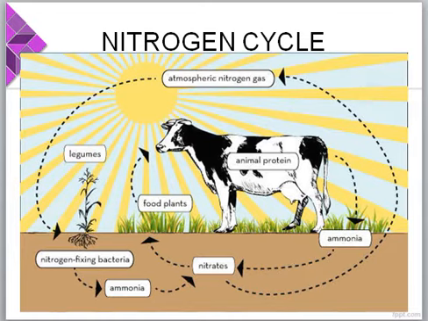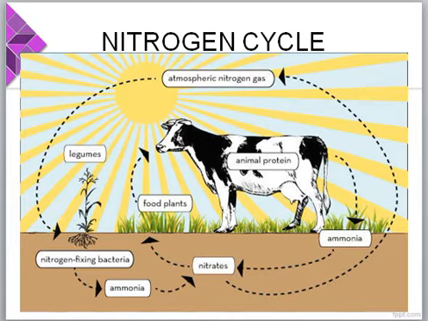And it has two processes, wherein first, the soil bacteria convert ammonium to nitrite, and second, the nitrobacter oxidizes nitrite to nitrate. And the bacteria are said to be the nitrifying bacteria.